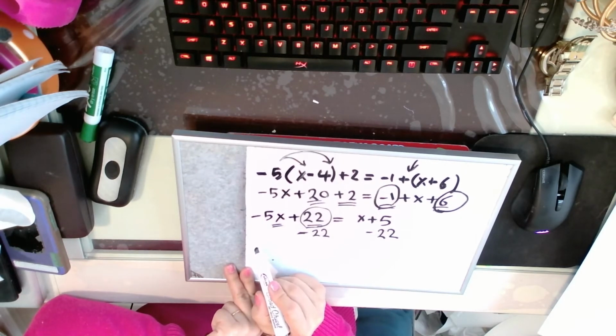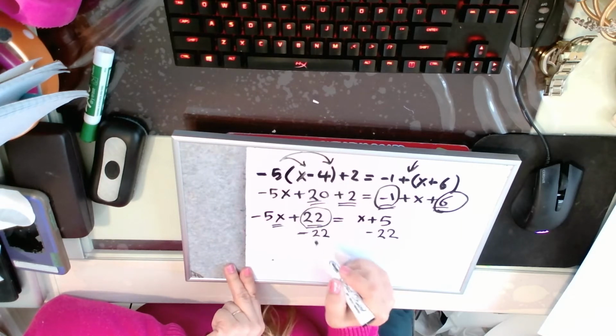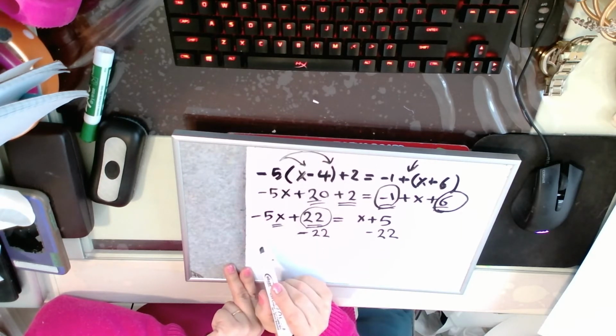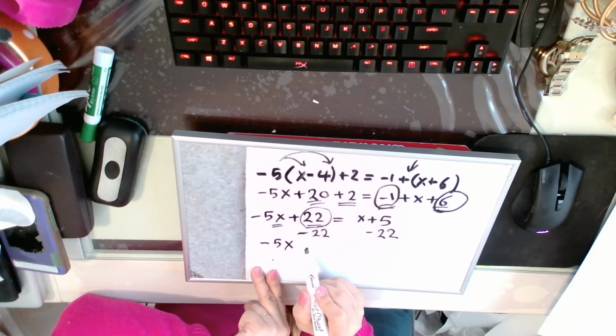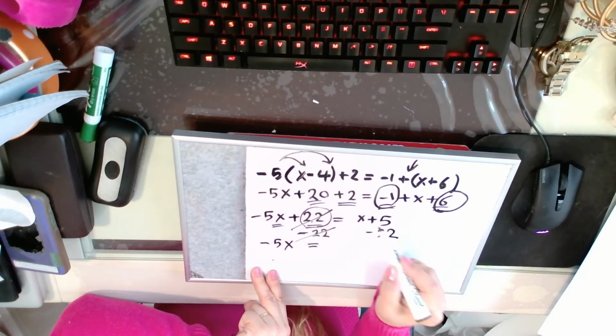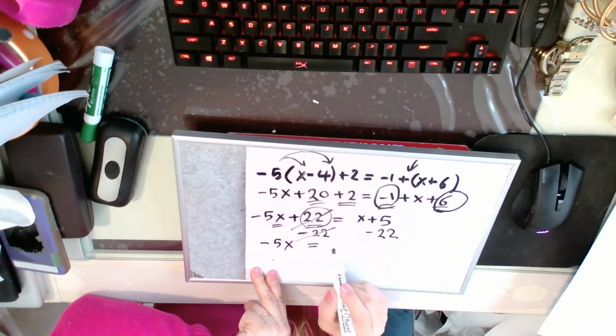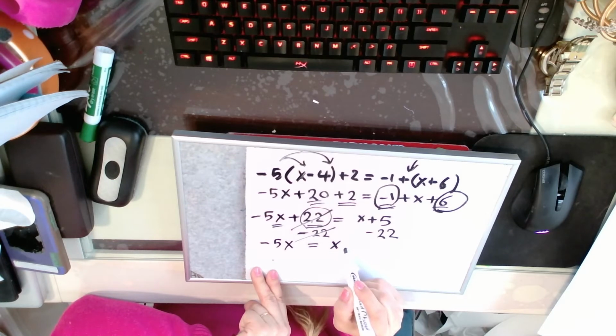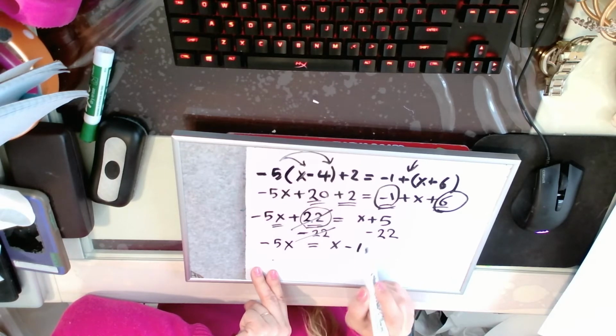So this one gonna be minus 5x. Minus 5x equals, this is gonna be 0, equals x, you're gonna subtract plus 5 minus 22, so minus 17, I think, yeah.